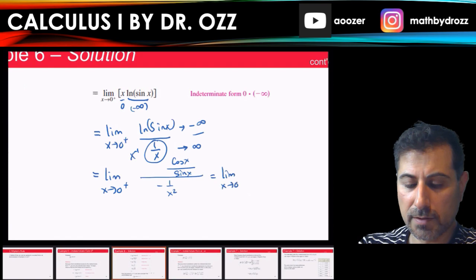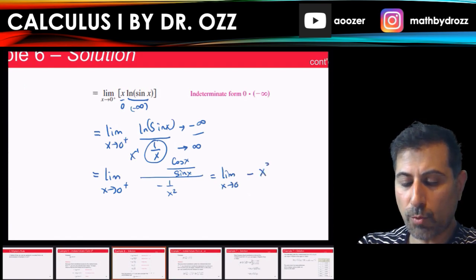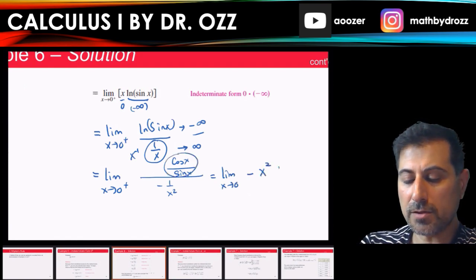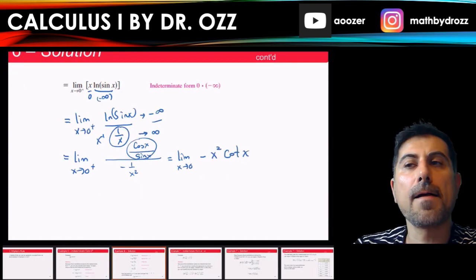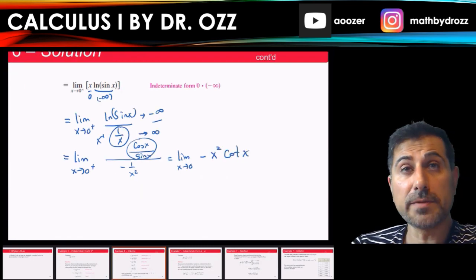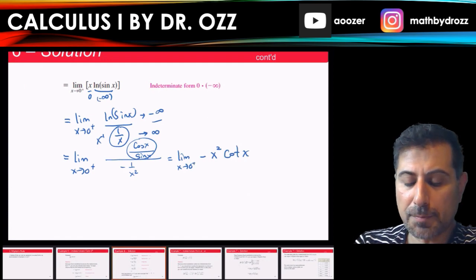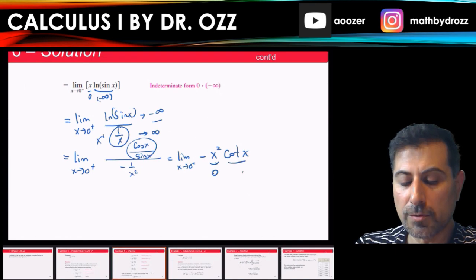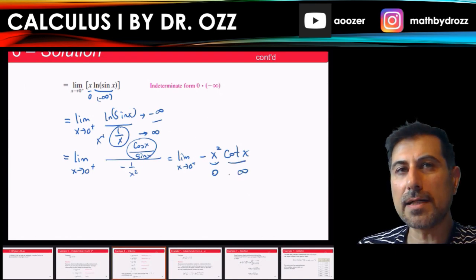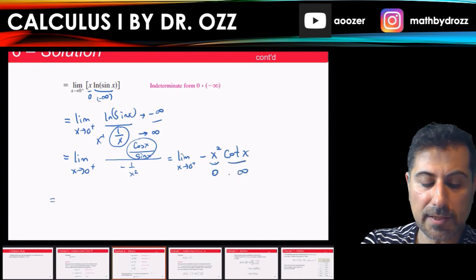Okay, so this is negative x squared times cotangent x. Well, this form didn't really help a lot because when x approaches 0, this term approaches 0 and cotangent 0 blows up. This is still of the form 0 times infinity. So I'm going to rewrite this expression.